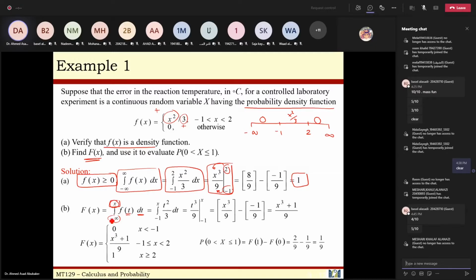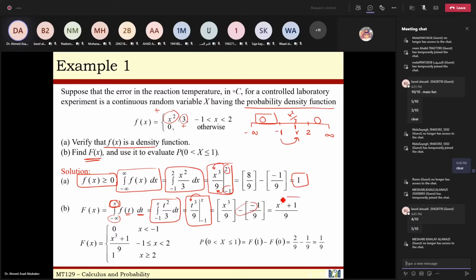So from -infinity to -1, we have 0. So just integral from -1 to x. Integral from -1 to x, we have t to the power 3 over 9. Substitute x, we have x to the power 3 over 9. Substitute -1, -1 over 9.